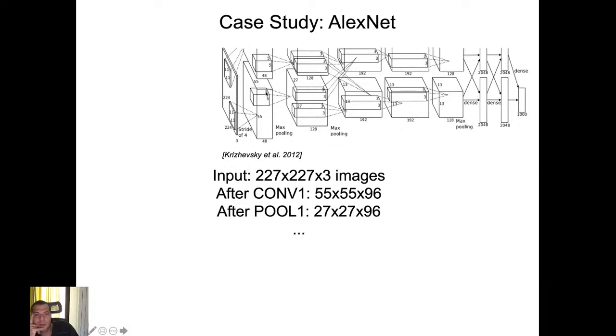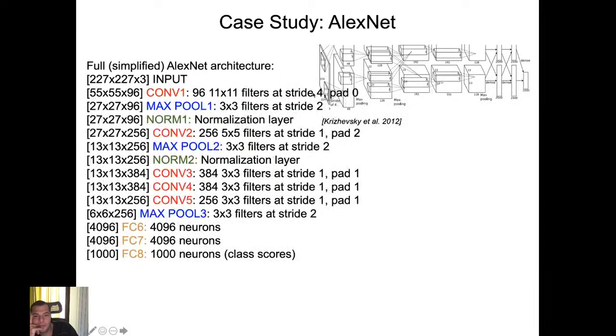Then they use 5 by 5 filters, and they have 256 filters of 5 by 5, and the spatial dimension will be 27 by 27 because they add padding of 2.